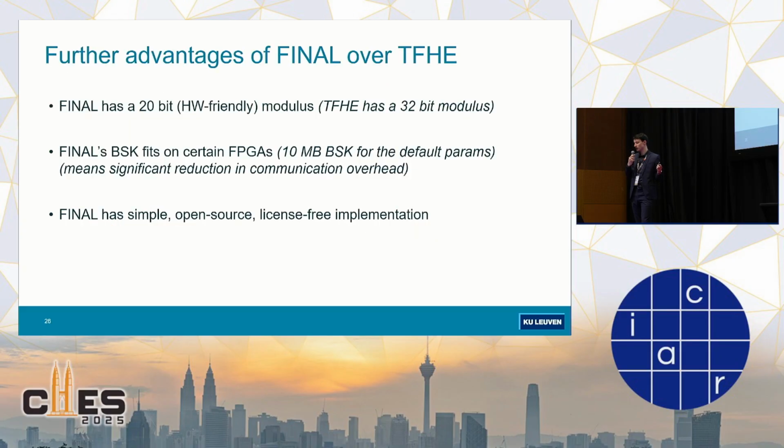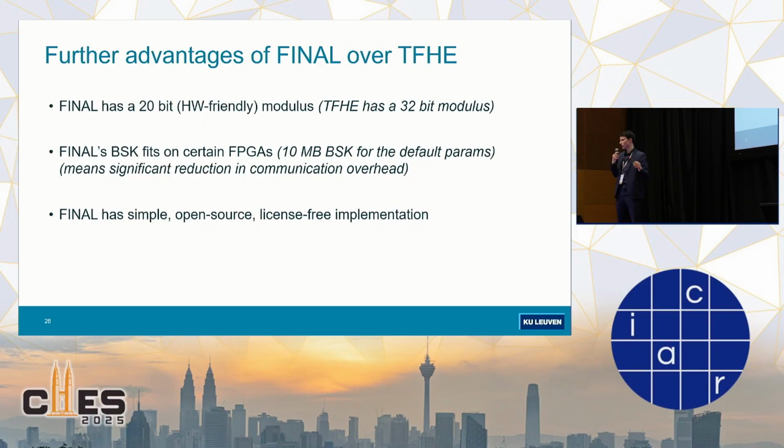And you get to use 20-bit moduli, which is nice for me as a hardware designer, because it means my butterflies become smaller. The bootstrapping key also fits on the FPGA, which is really nice because it means I don't have to make a complex interface. I don't have to go through the Vivado tools more than I need to. I just have to feed in this bootstrapping key once from the outside, and then I can keep on reusing it. So there is no question of a roofline model.